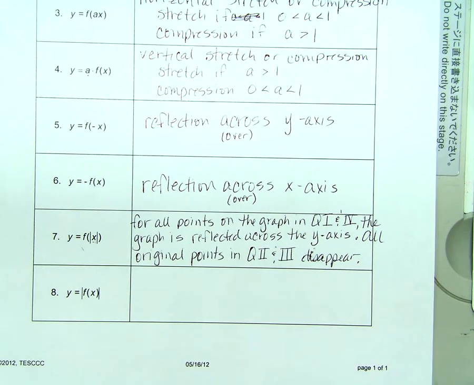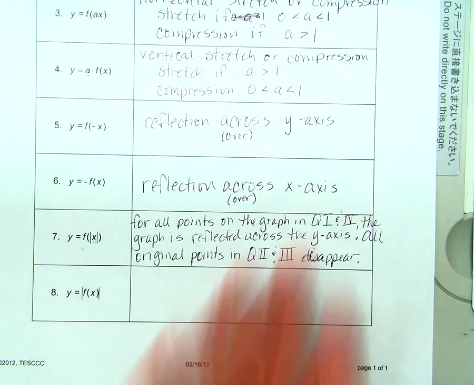Yes, sir. Because the x points are the ones that are having the absolute value on them. In the same pattern that they were connected before in quadrants 1 and 4.